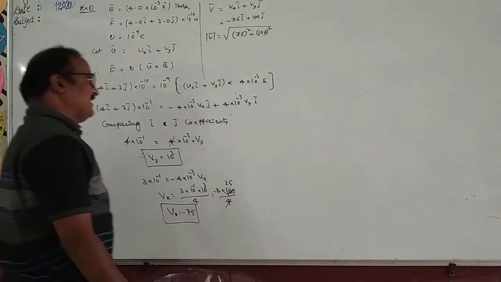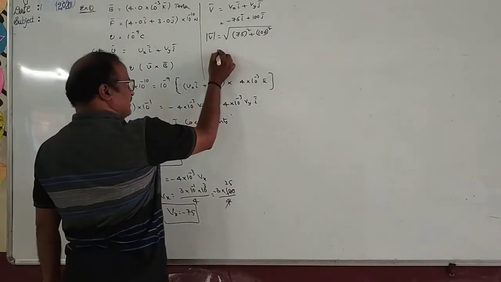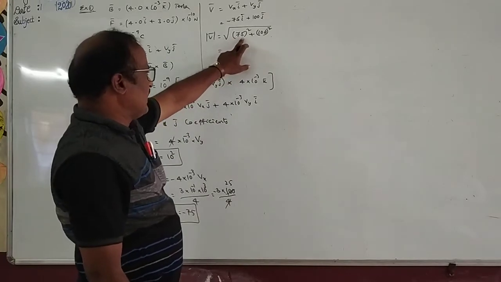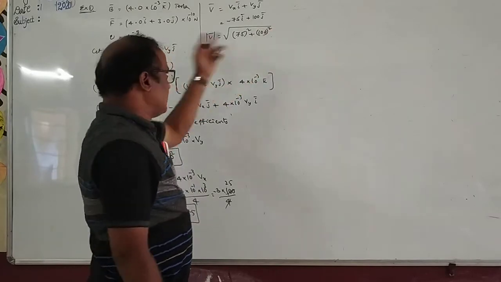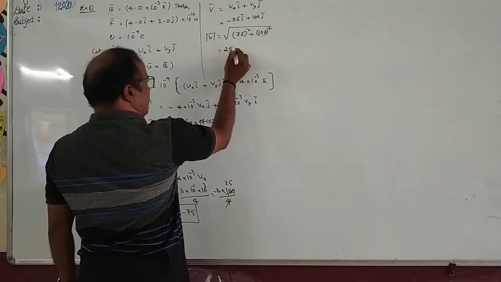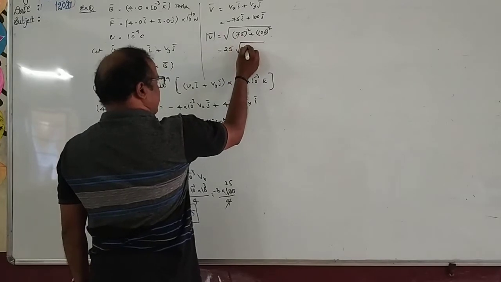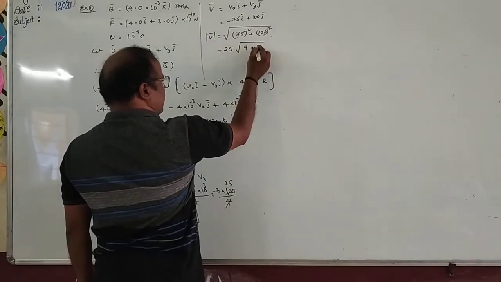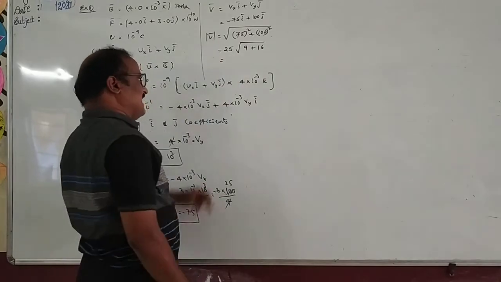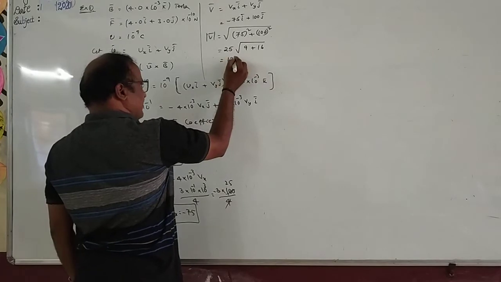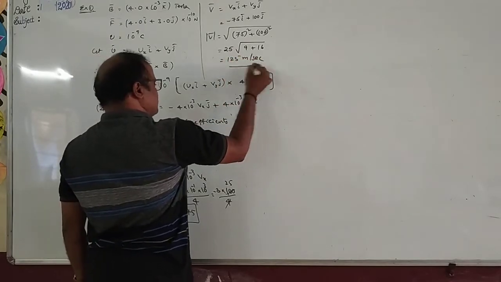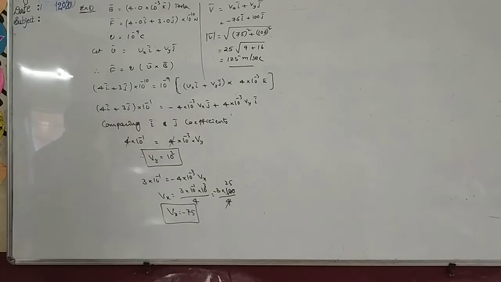This can be written as 3 into 25 and 4 into 25, so 25 into root of 3 square, 9, plus 4 square, 16. 25 into root 25, root 25 is 5. 25 fives are 125. This is 125 meters per second. So the velocity of the charged particle in the magnetic field is 125 meters per second.